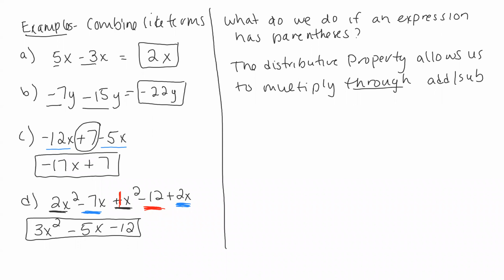So what does that look like? If we had the expression b plus c and the whole expression was multiplied by a, well, what we would do is we would multiply the a by the b, and then we would multiply the a by the c. So that allows us to multiply through addition. The same thing would work if we had b minus c. It would just be ab minus ac. So let's look at a quick example of just distributing, and then we're going to do some of the combining like terms, okay?